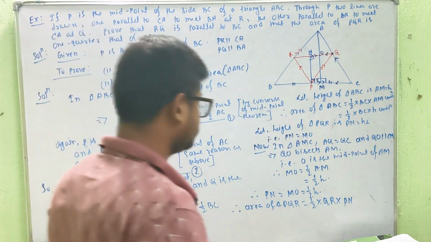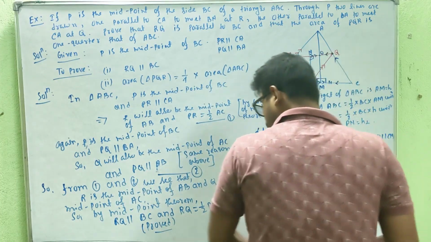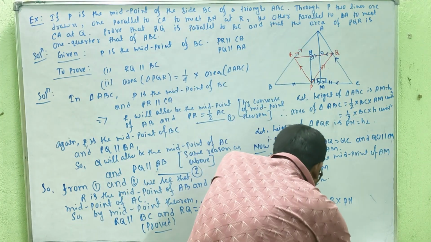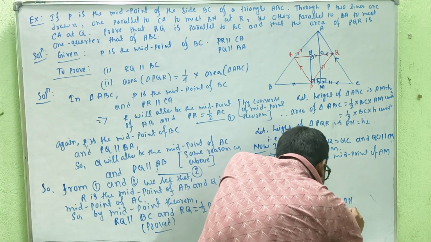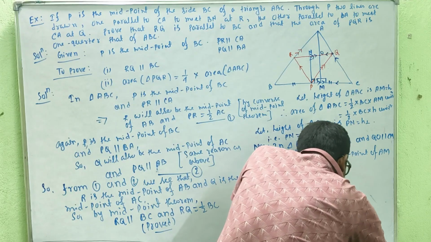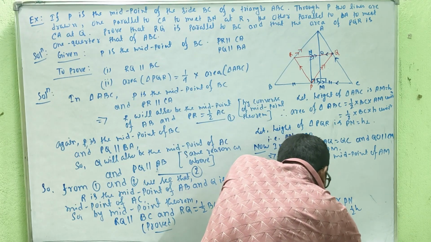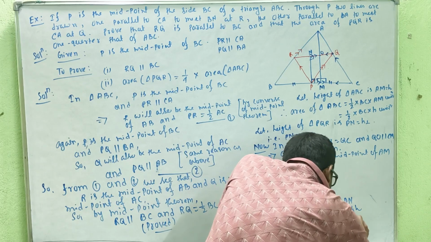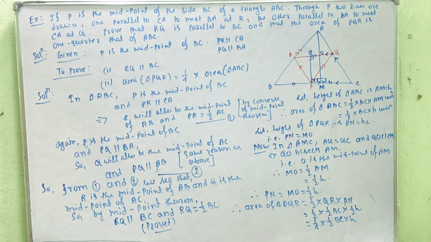This implies half into QR means half BC, and PM means half H. This implies 1 by 4 into half BC into H, and half BC into H means area of triangle ABC.